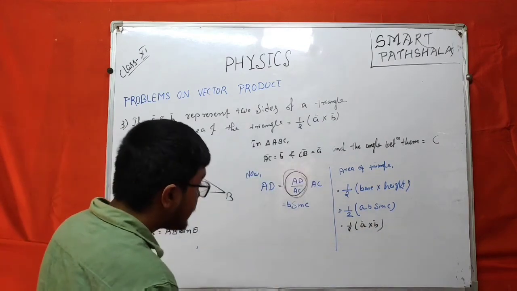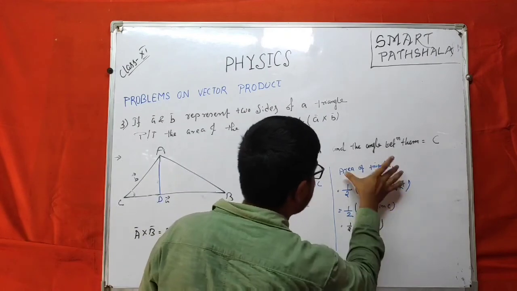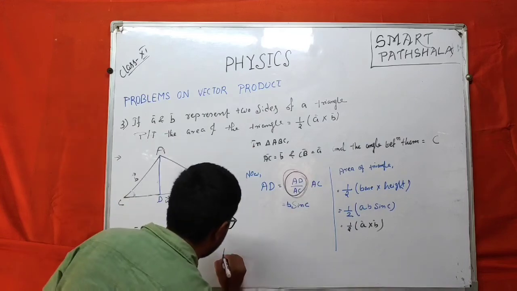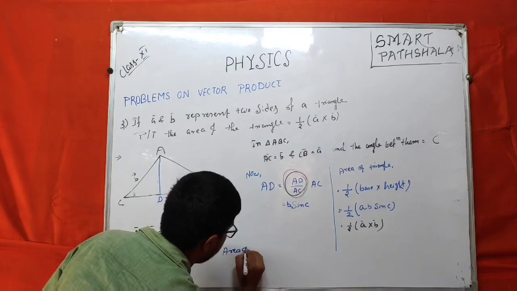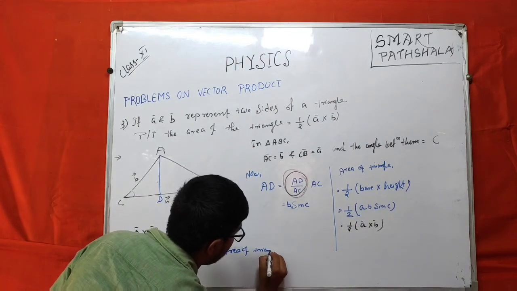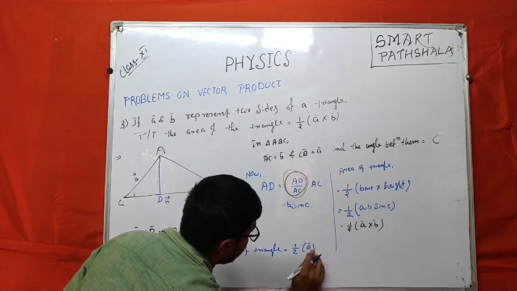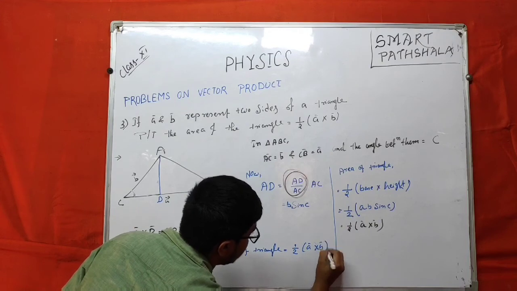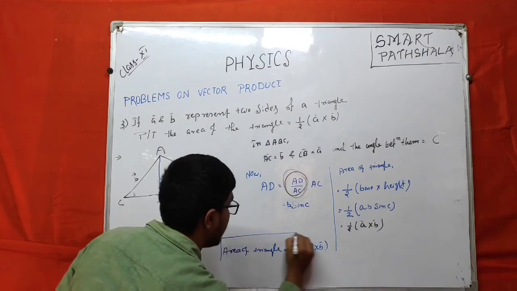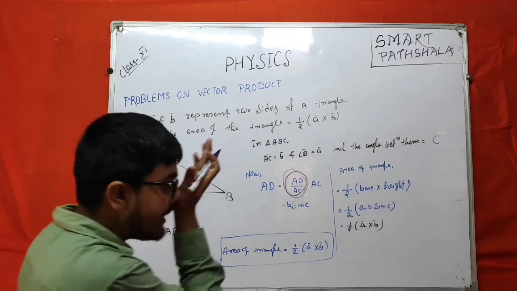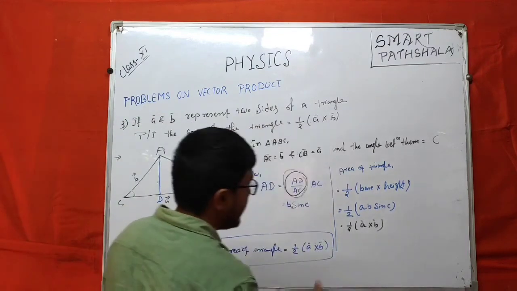Okay. So, what do we get? Area of the triangle is equal to half into A cross B. Hence our solution is solved.